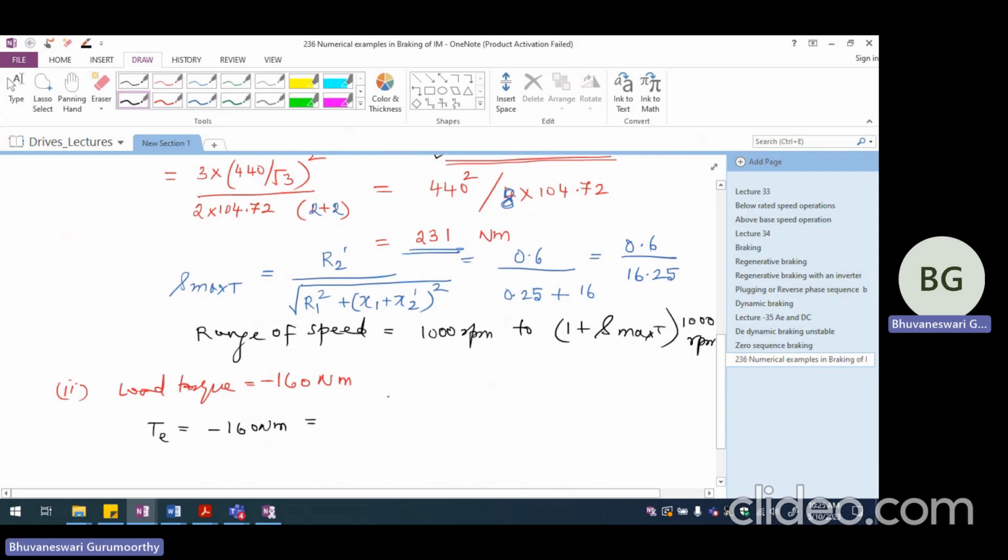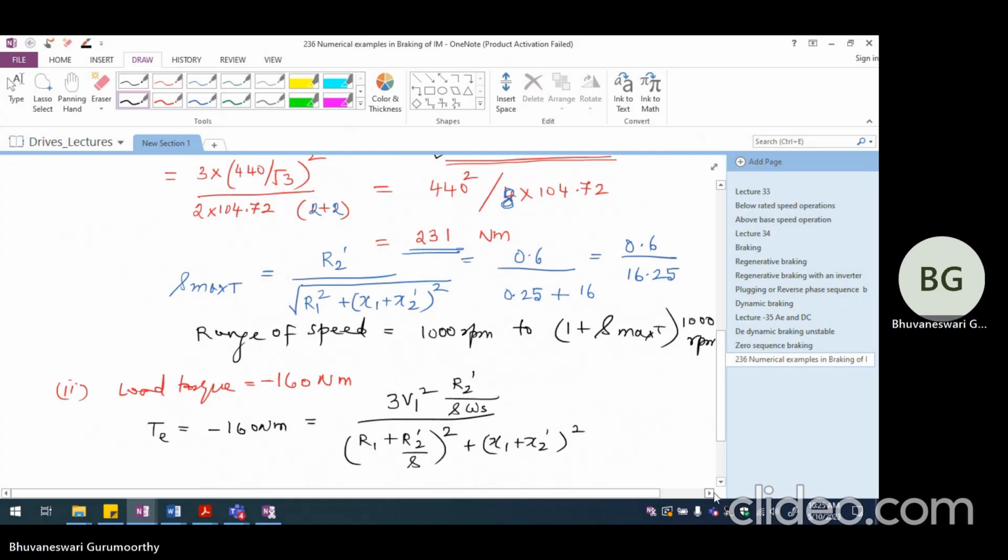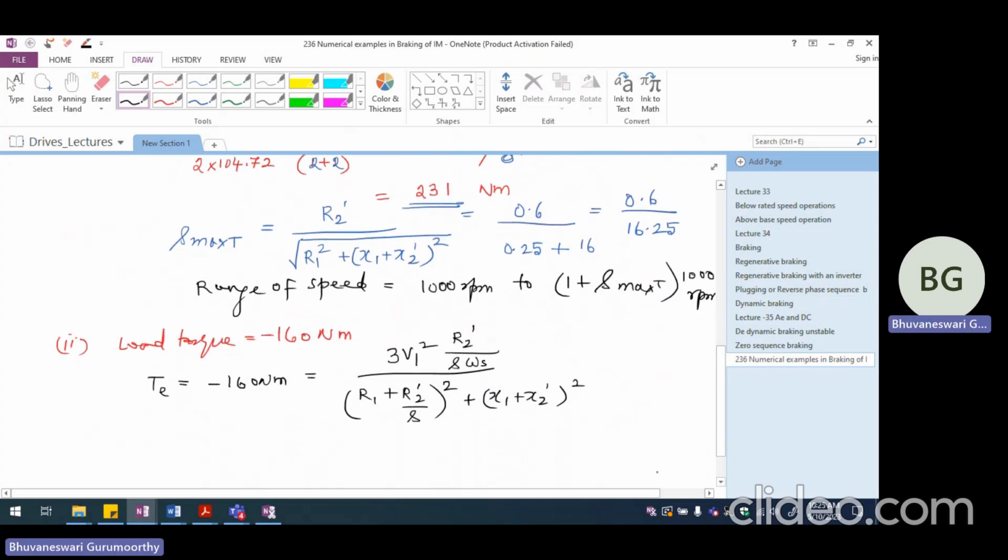This will be equal to 3V1 square divided by R1 plus R2 dash divided by S, the whole square, plus X1 plus X2 dash, the whole square, and in the numerator it will be R2 dash divided by S omega S. Now, please note, because it is regenerative braking operation, slip will be negative.